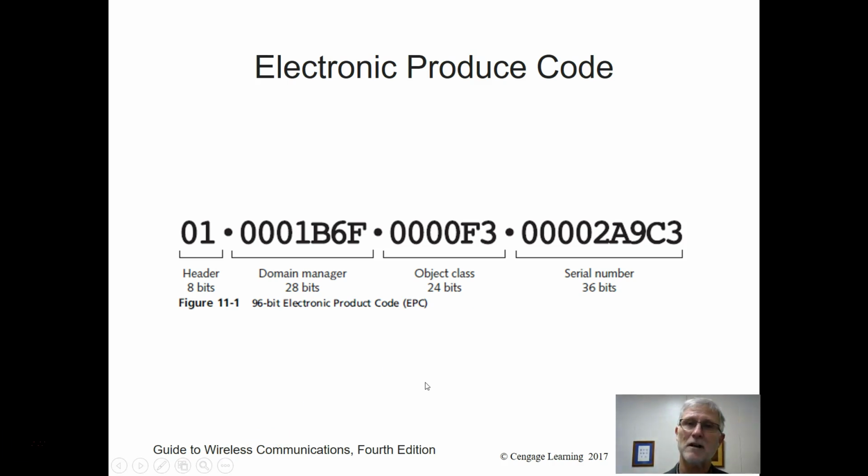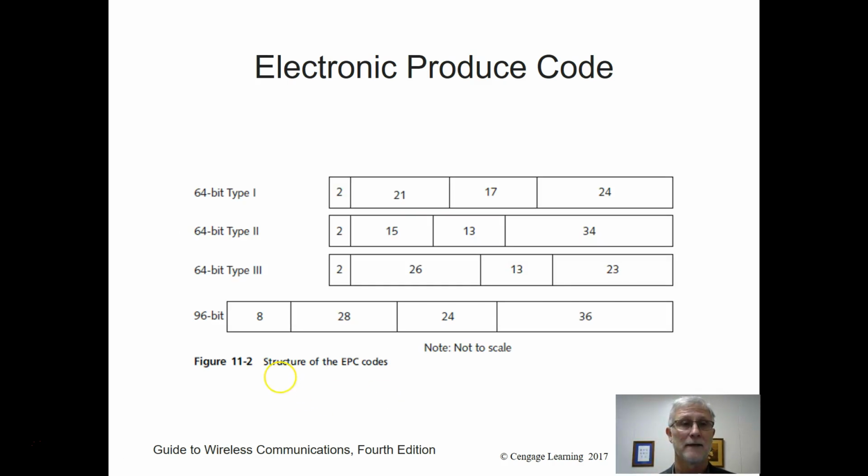So this electronic product code that's stored on an RFID has a format similar to this, the 96-bit code, and you've got header information, a domain manager, object class, and serial number. As far as it's 4 different parts to it.